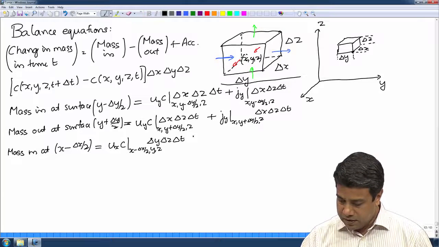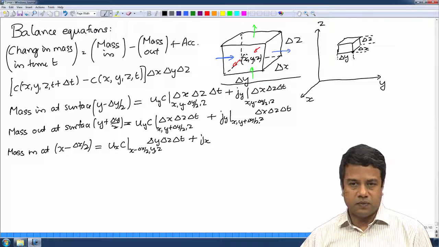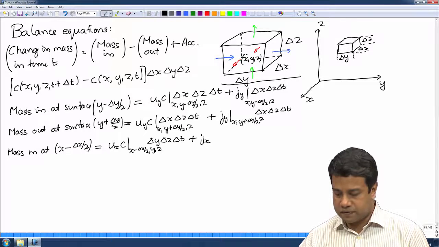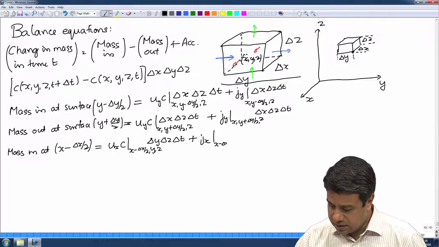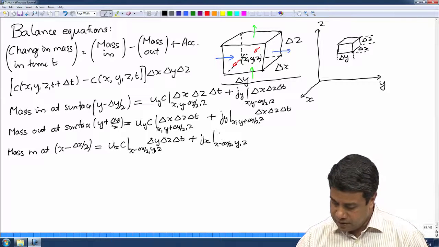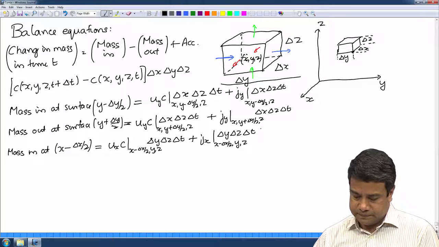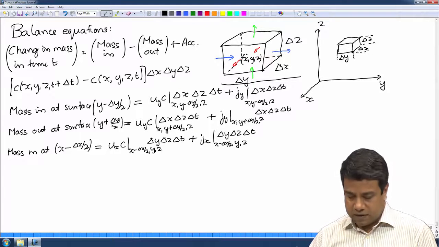And then I have the flux in the x direction. This is the diffusive flux. One contribution is due to convection, the other contribution is due to diffusion. So, the second is the diffusive flux at x minus delta x by 2, y, z, times delta y, delta z, delta t. So, that is the flux coming in at the rear.